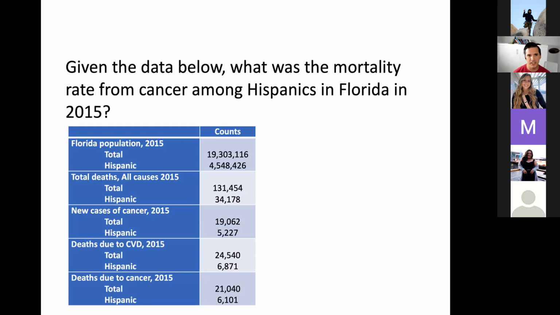And I'm giving you more information than you'll have on the exam right here. The general formula that you have is number of deaths over total population. Your total population, remember your denominator, is only Hispanics in Florida in 2015. So make sure that you are pulling the right numbers.